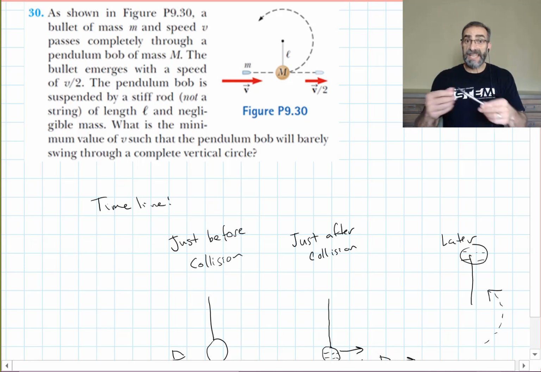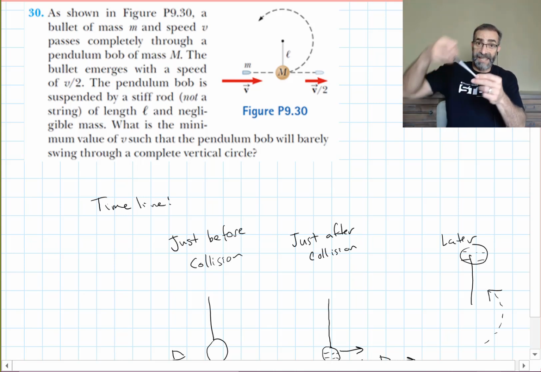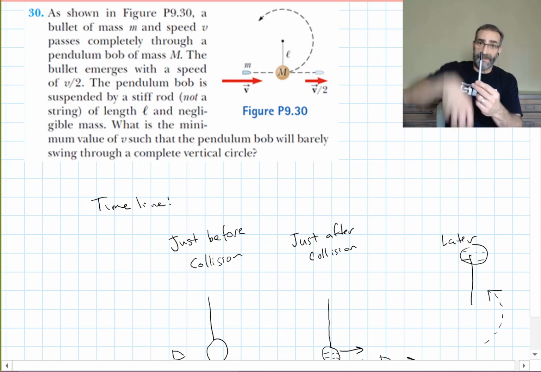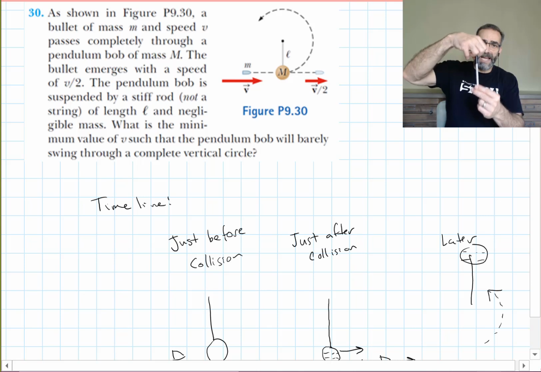If it was a string instead of a rod, the mass at the end would have to have some velocity as it comes around in order to keep the same radius. If it didn't have any velocity when it got to the top, it would fall in. But because there's a rigid rod there, as it comes up to the top, the rod will hold it up.